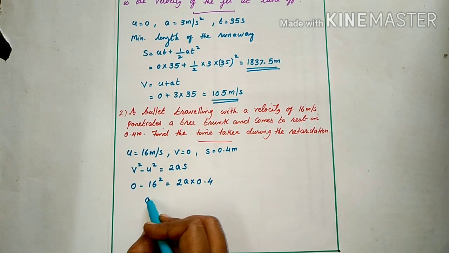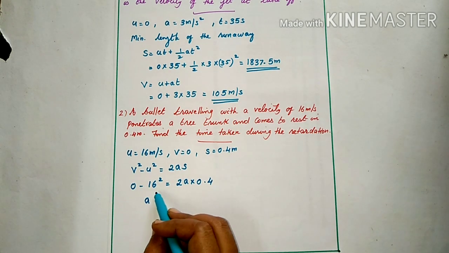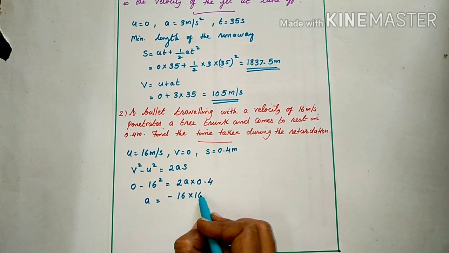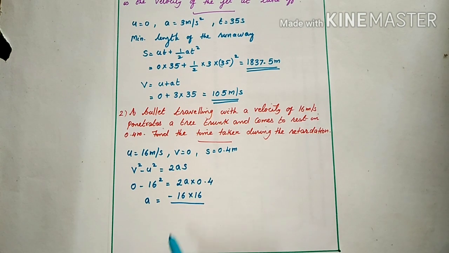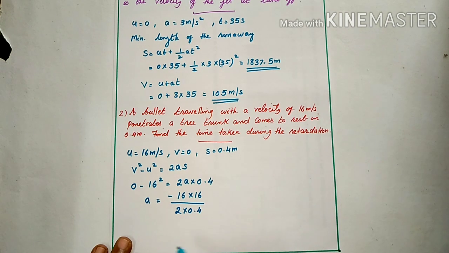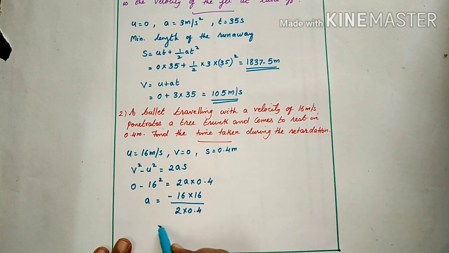So a equal to minus 16 into 16 divided by 2 into 0.4. So the answer is minus 320 meter per second square. The acceleration has a minus sign, so that is the negative acceleration, that is the retardation.